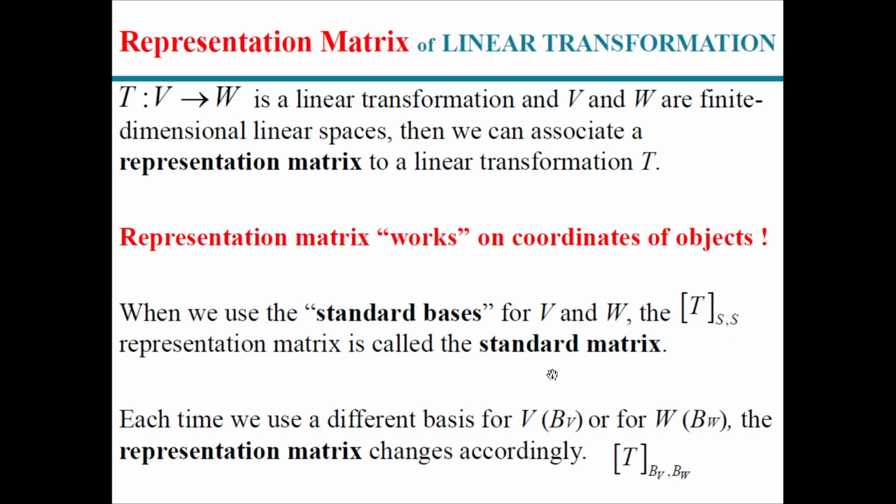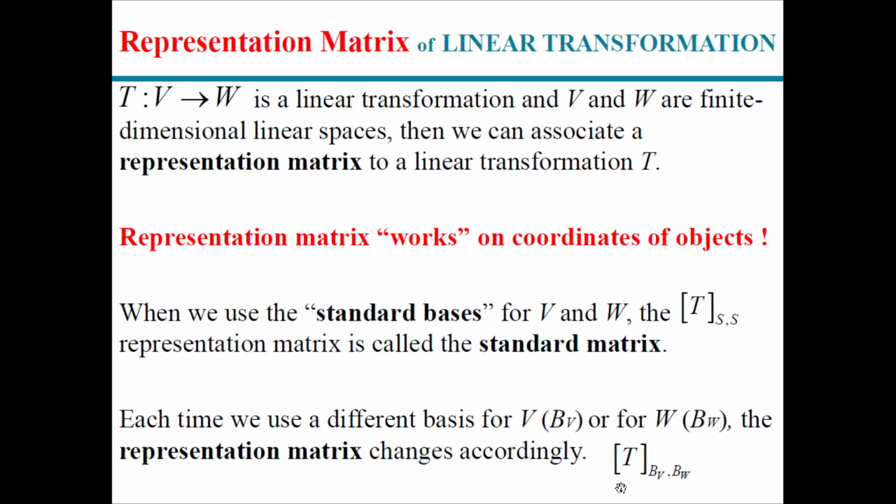But if we choose different bases that are not necessarily standard for domain or codomain, then we have a different representation matrix that will change related to a basis. So each time you change a basis, this representation matrix will change, and that's why we need to specify the basis for domain and codomain that we use to obtain this representation matrix. This will be very important. So the first one is for the domain, the second one is for the codomain.